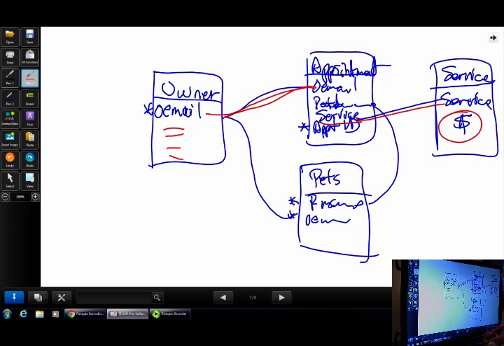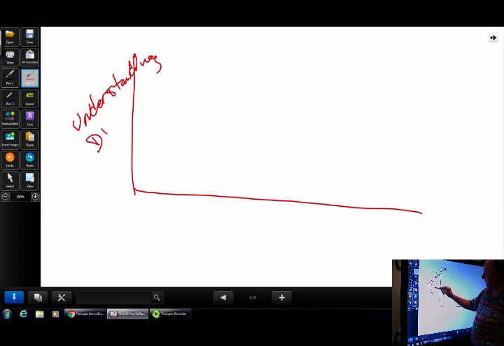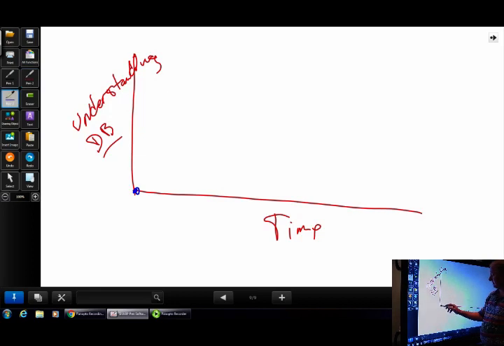Here's how this works. This is understanding database concepts, understanding what a relationship is, and it takes a little time. When you start doing this, you're kind of creeping along. You don't understand much, and time is going by.